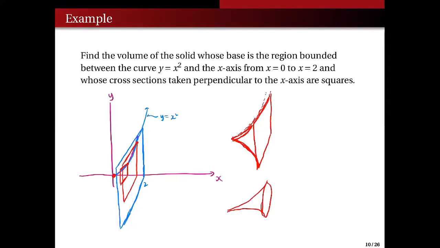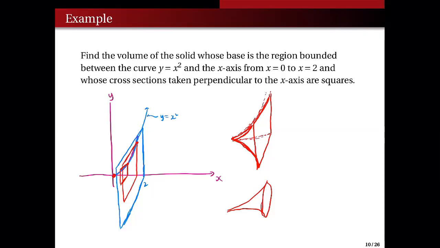That's the solid. I hope you can imagine the solid I'm trying to draw in here. This part here is just straight. But anyway, I can imagine what the solid is, but our goal is to find the volume of this solid.